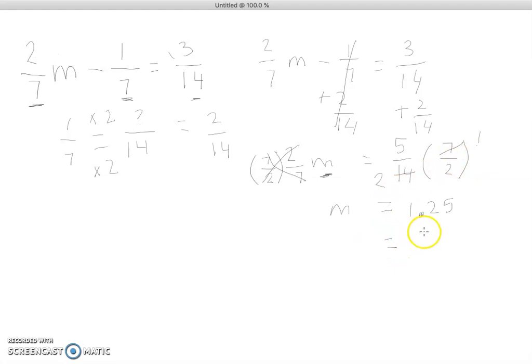So now over here we actually have 5 over 2 times 1 over 2. When it's multiplication, you don't keep the denominator the same. You have to multiply both top and bottom. You can't just keep it the same. So we're just going to multiply the top and multiply the bottom together to make it one number. 5/4. That's it. That's the answer. 1.25 is equal to 5/4.